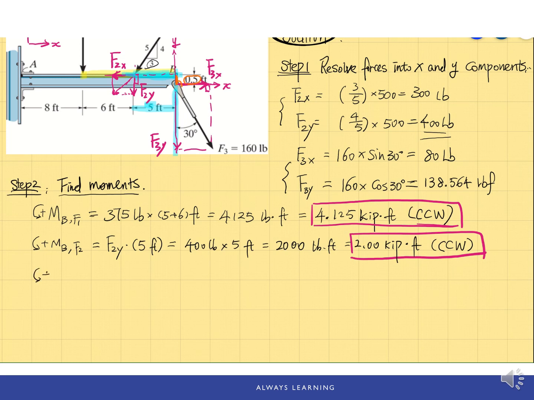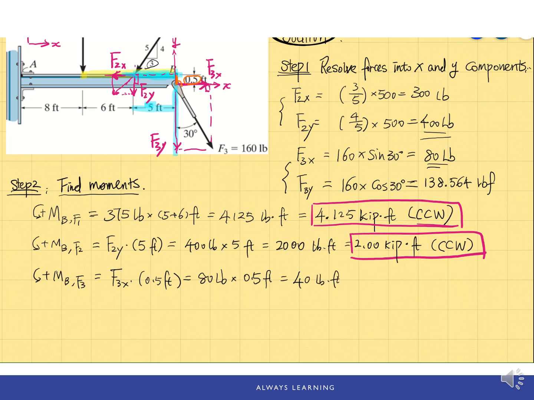Okay, so we indicate the direction of rotation, counterclockwise as positive, and F3y will have a 0 moment about point B. So for F3x, the moment arm is 0.5 feet, and with F3x we have 80 pound force times 0.5 feet, and the answer will be 40 pound-foot.